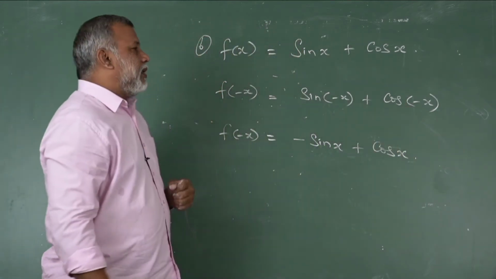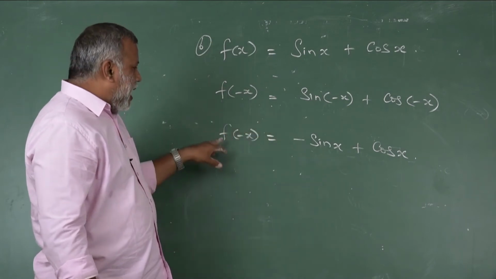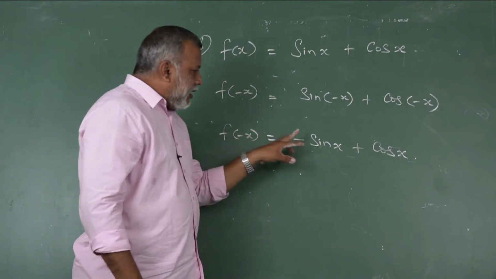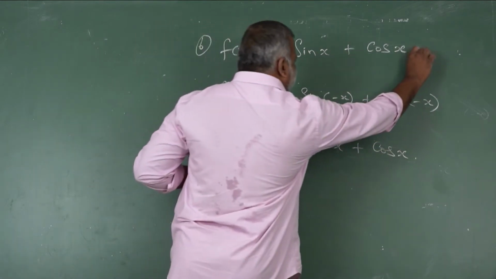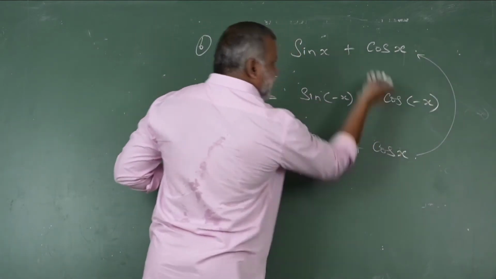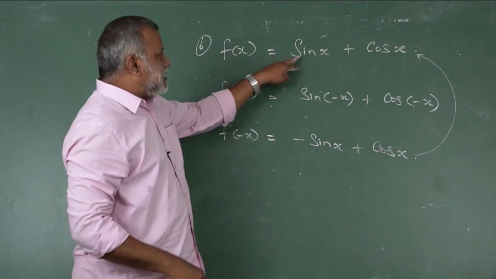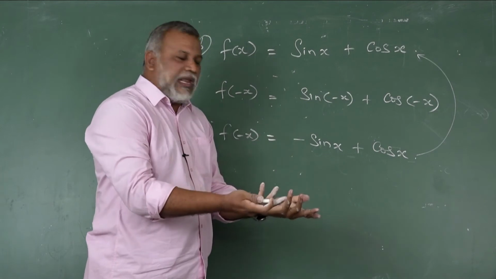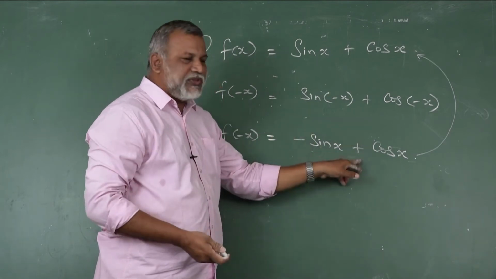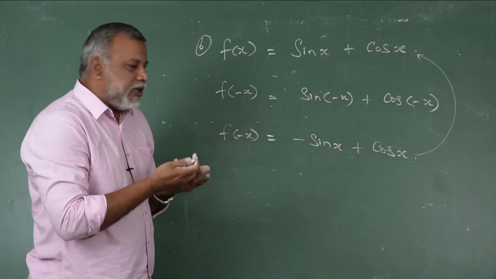See carefully, this is one important area. F of minus x equal to minus sin x plus cos x. Relate it with sin x plus cos x. We cannot take out a negative commonly because here it is negative and here positive. You are not able to take it out.